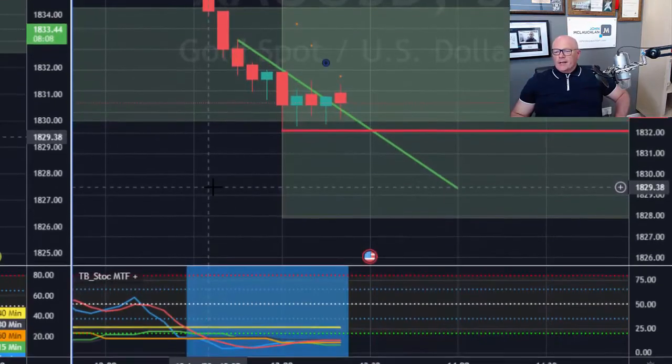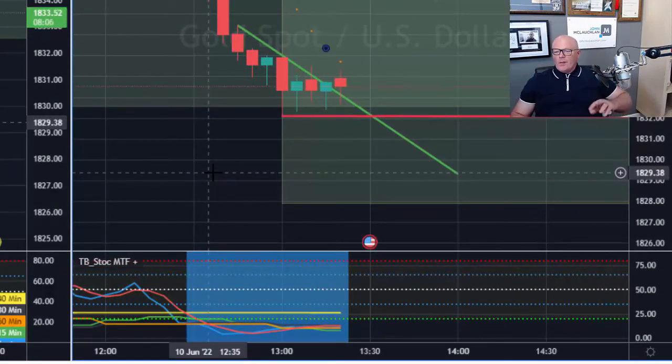And as you can see, that stochastic at the bottom is still snaking along. If you look at the last 4 or 5 candles compared to the previous ones, are we now entering a little bit of consolidation? We'll just see how price goes.